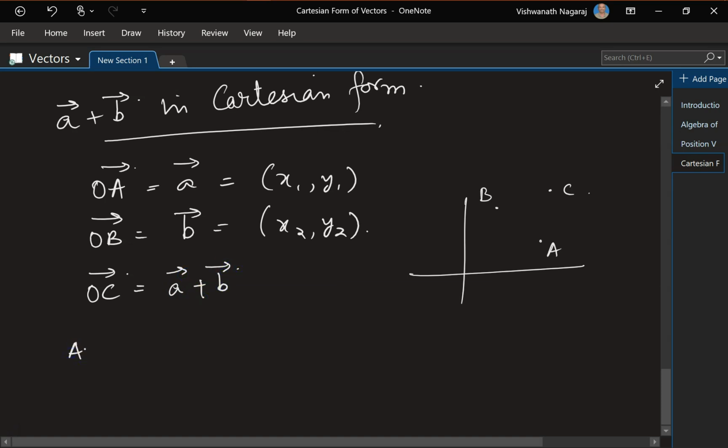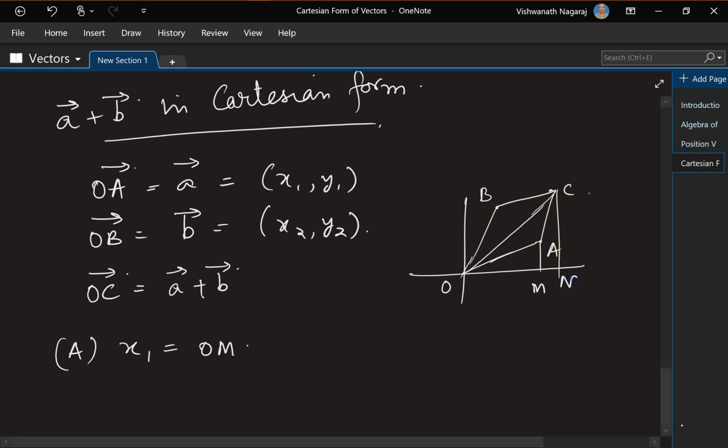Now remember, when we talk of point A, x1 is equal to OM. So M, this is O, right? And let's say this is N and this is, let's say, L, right?